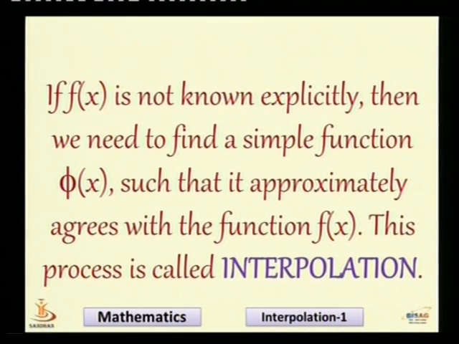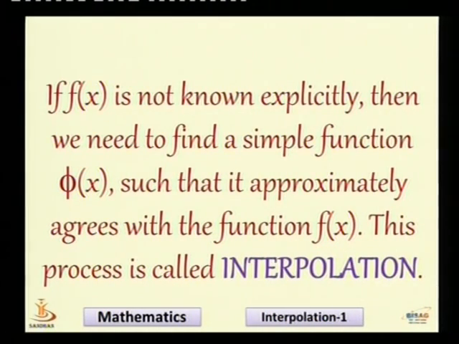Now suppose f(x) is not known explicitly. Then we need to find a simple function phi(x) such that it approximately agrees with the function f(x). When we say it approximately agrees, what do we understand? We mentioned earlier that f(x) passes through all the tabulated set of n data points.